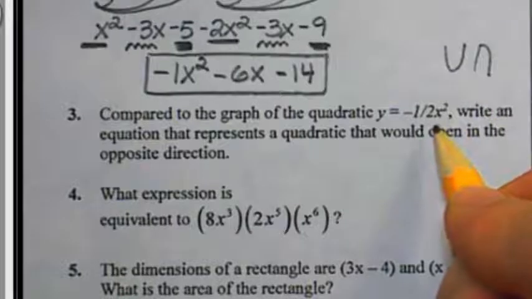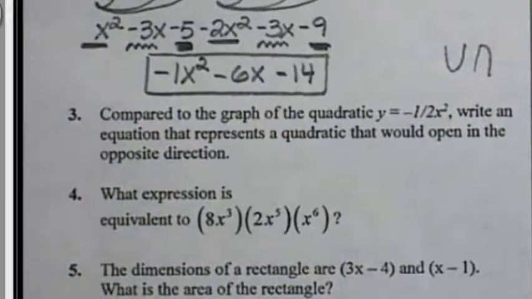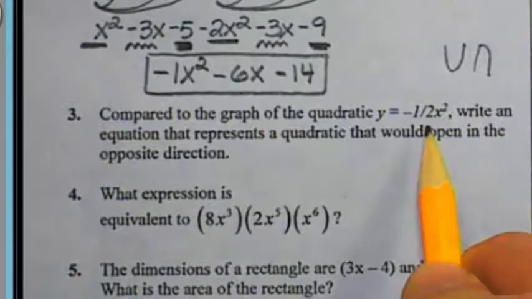And we can use the calculator here. So let's press the Y button. Let's enter that equation, negative 1 divided by 2 x squared, and we can press graph, and that gives an idea that we're looking at a frown.